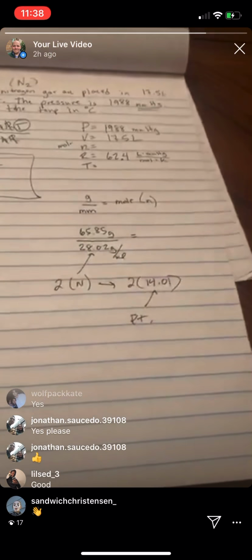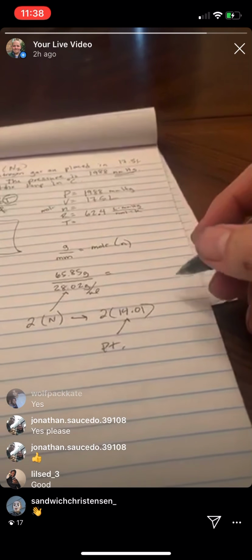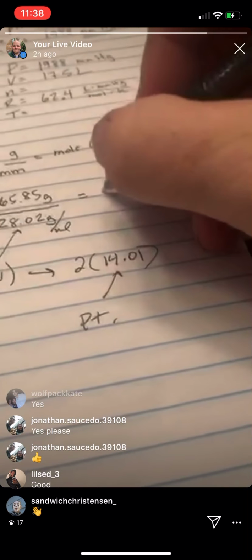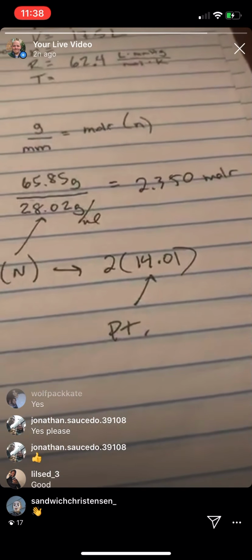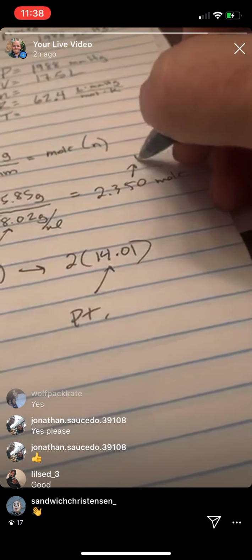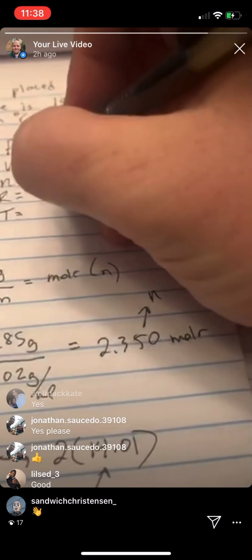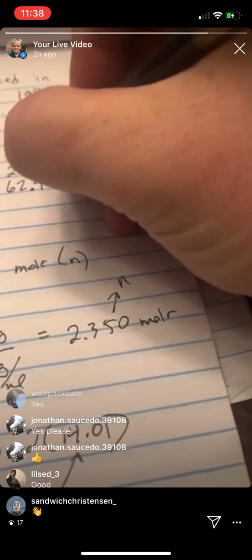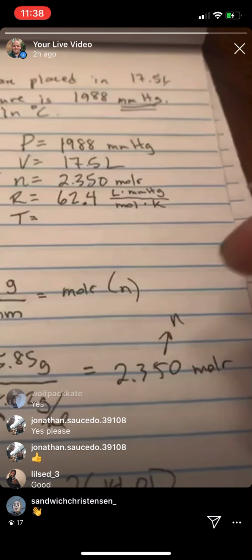So I get 2.35, but sig fig wise, it'd be 2.350. Okay, that's your mole quantity. So that is going to be your N value. Okay, so up here in N, you're going to write down your answer at 2.350 moles of N2.